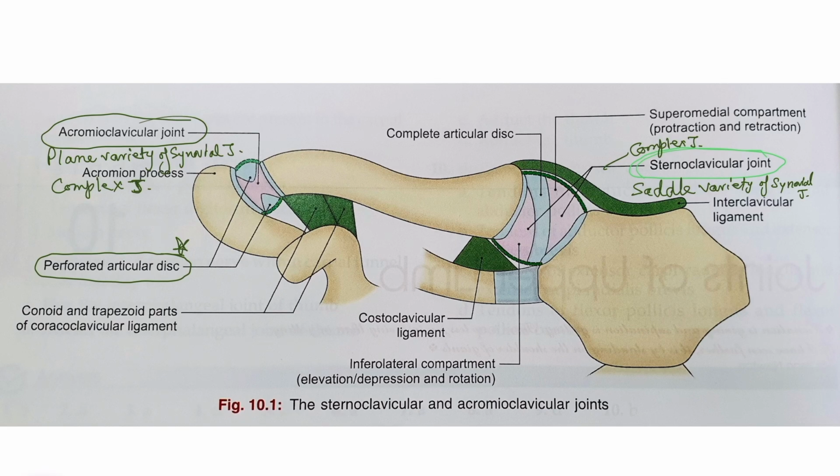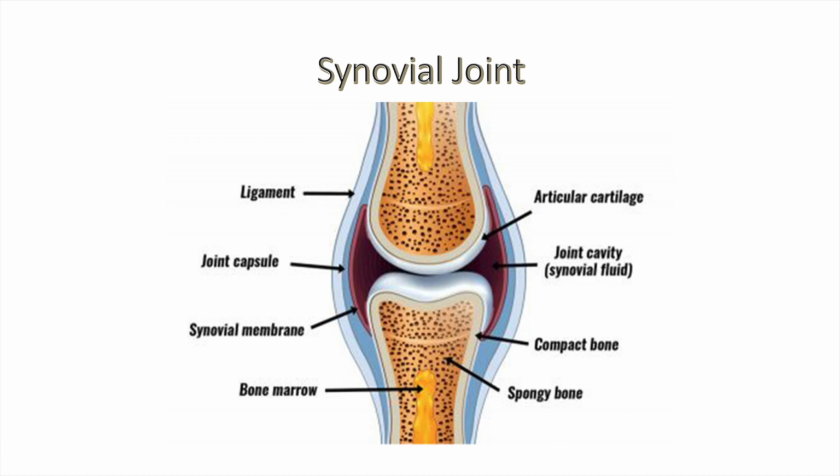Another important fact, which is a peculiar thing about this joint, because as you know, synovial joints have three criteria to be fulfilled. One thing is that the articular surfaces should be lined by hyaline cartilage, which is devoid of perichondrium, and that's called articular cartilage. Second thing is that the joint space should be covered from all sides by a fibrous capsule.